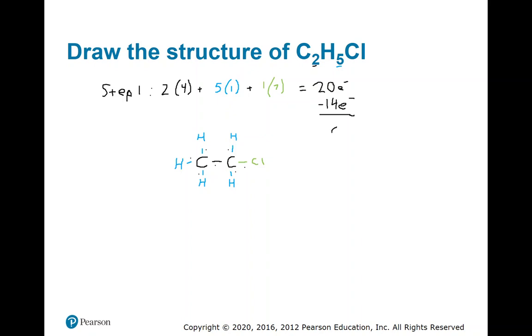And so we have 6 remaining after that step. Now, step 3 is to assign those electrons to outside atoms to complete their octet. And let me go ahead and erase those dots just so they don't look like electrons.